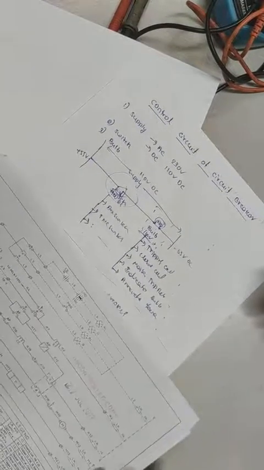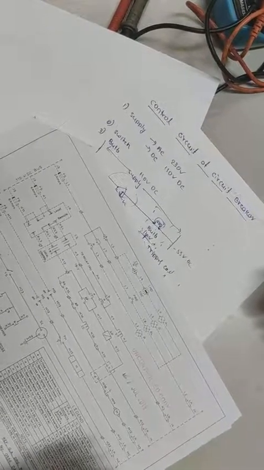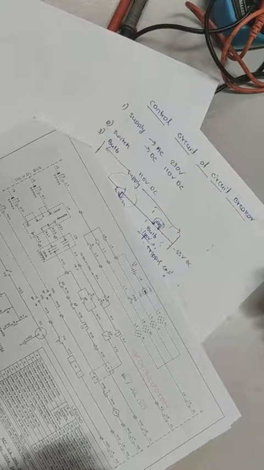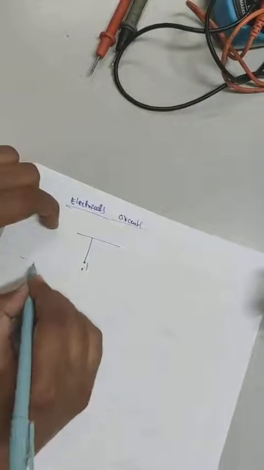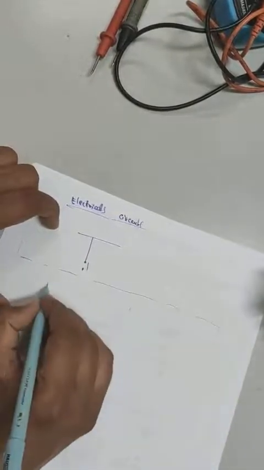In the trip circuit of usually 11 kV breakers, they are vacuum interrupters. We can categorize the components of the trip circuit of an 11 kV breaker.